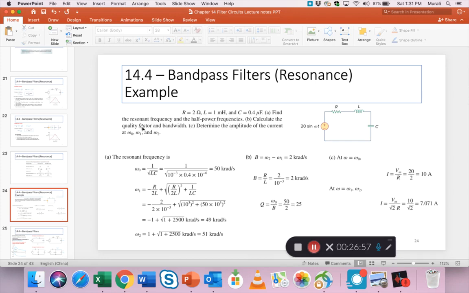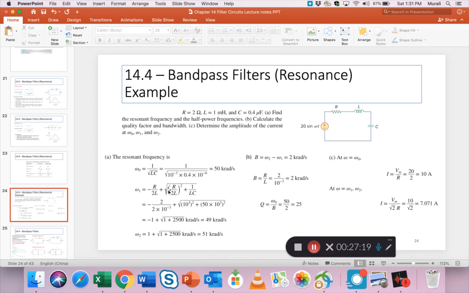Then we have the quality factor Q to be calculated, bandwidth, beta or B, and then the amplitude of the current at these three frequencies. What will be the magnitude of the current? Here we are interested in current in the RLC circuit. So you just apply the formulas. Omega 0 comes out to be 50.